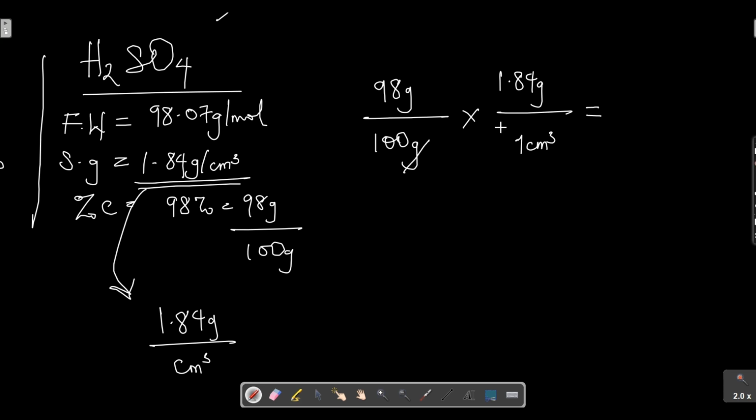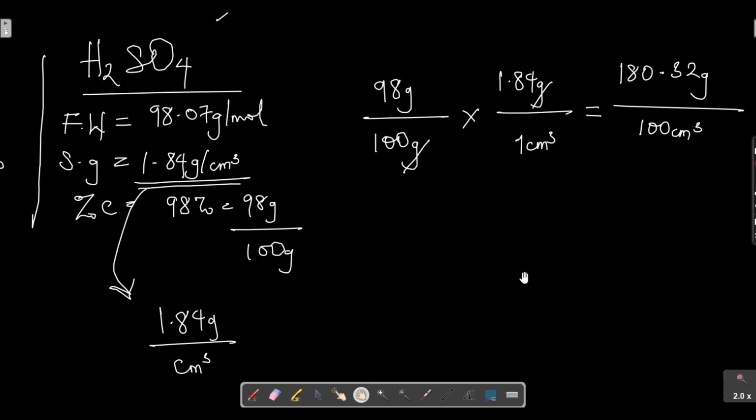Take note, grams cancel grams. So 98 times 1.84, you have 180.32 grams over 100 times 1 cm cube, which is 100 cm cube. So now we're having 180.32 grams over 100 cm cube.